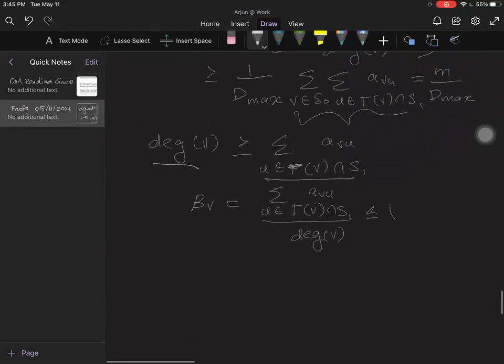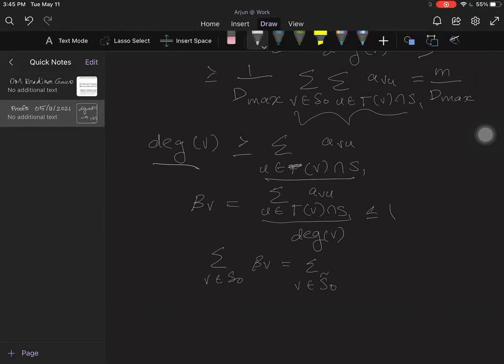And now we just want to sum up all the beta v's. We see that the sum of all the beta v's is going to be equal to the sum over v in S0 tilde, where S0 tilde is all the nodes on the border, so all the nodes in S0 that have links with S1.